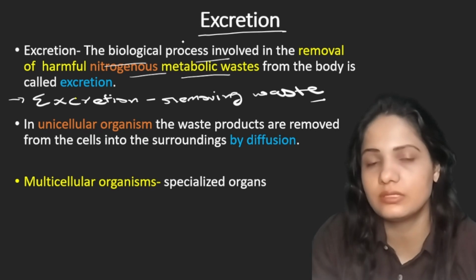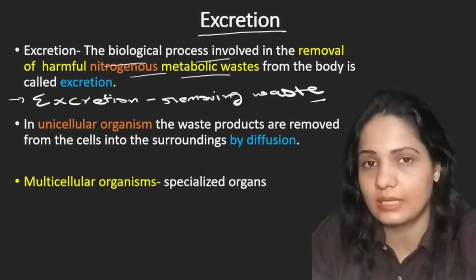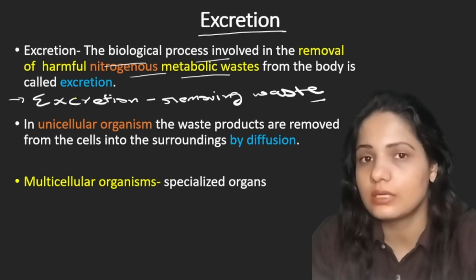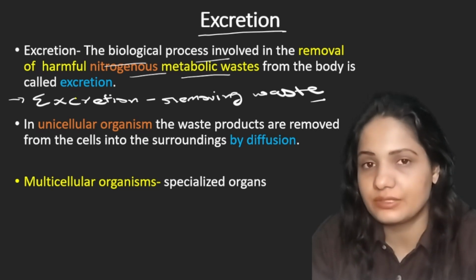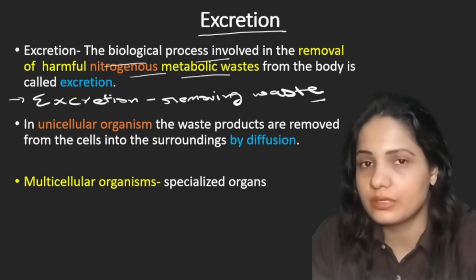Now where does this waste come from? As we have already discussed in our last section, during the life processes like respiration, nutrition, circulatory system, many chemical reactions happen. And during those chemical reactions, certain compounds are used and products are formed.